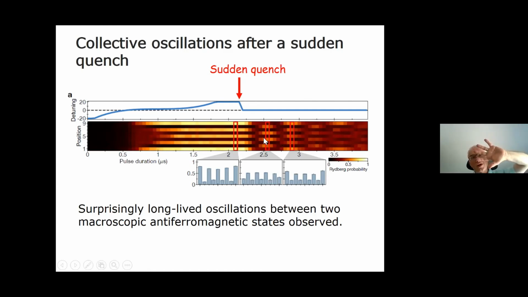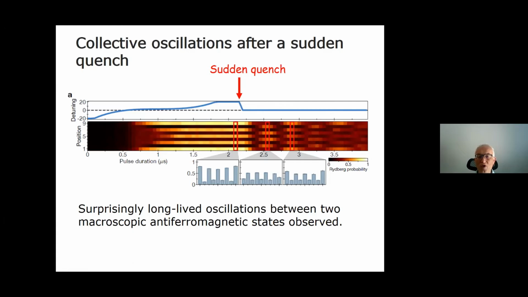This surprised us because remember, you can't excite a Rydberg atom next to another Rydberg atom. So before you can excite the second to last Rydberg atom, you have to de-excite the last Rydberg atom, but somehow the system has to remember what pattern it had before so that it can oscillate between these 2 states. So we saw these rather long-lived oscillations.